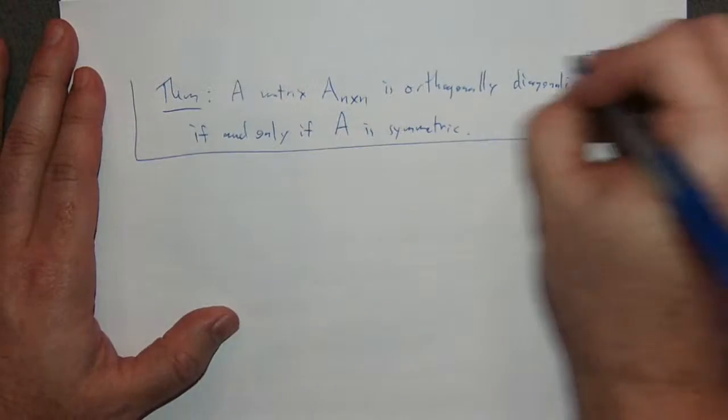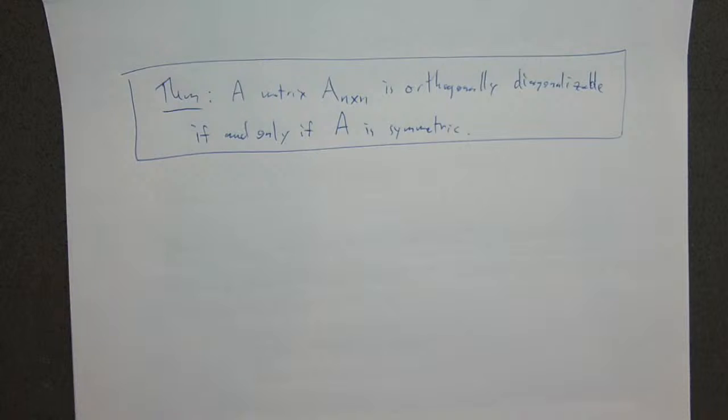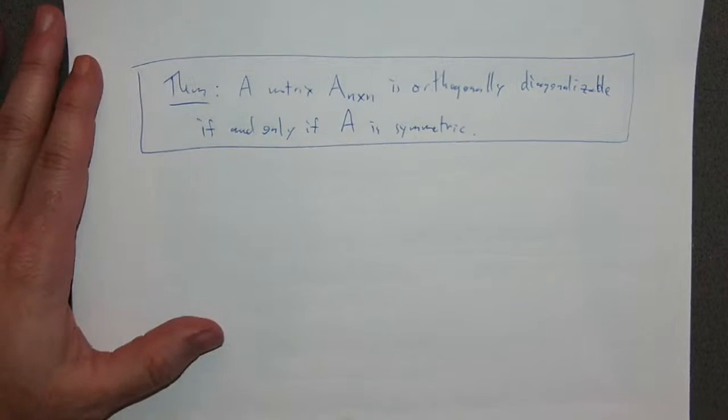So only symmetric matrices are orthogonally diagonalizable. Okay, and every symmetric matrix is orthogonally diagonalizable. So this is pretty amazing. Why is this maybe even more amazing than it might seem?